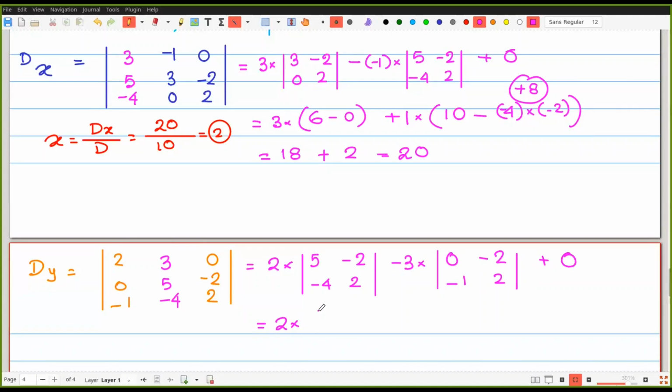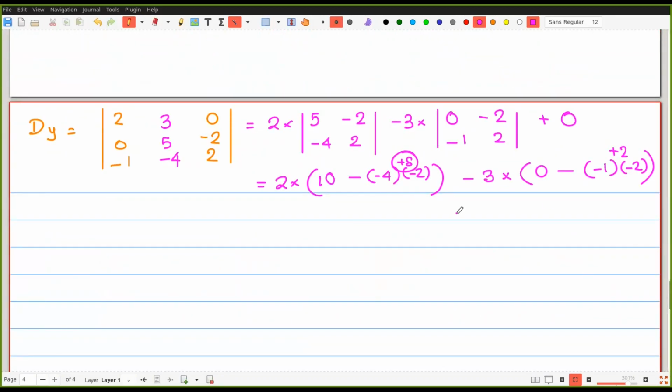So 2 into 5 into 2, 10, minus of minus 4 minus 2, that means plus 8. That means 10 minus 8, and minus 3 into 0 minus of minus 1 into 2, so that means plus 2, that means completely minus 2.